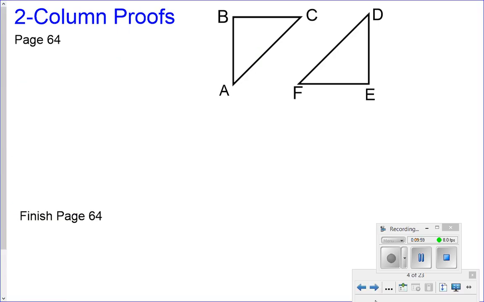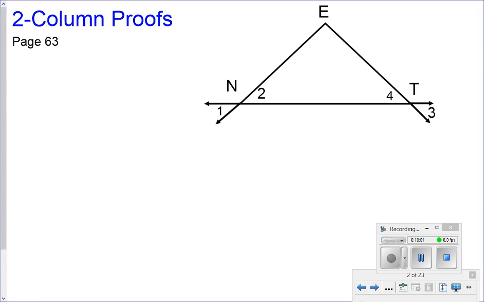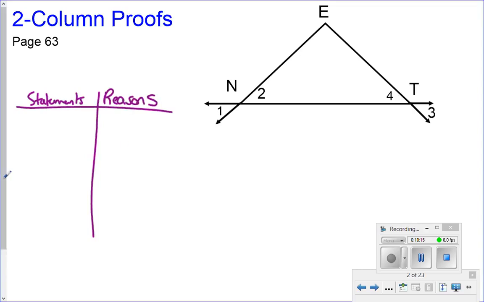Next, I'm going to go back here, we're going to do the first one on page 63, which is this one. So again, you're going to write your statements and reasons. And we're just going to go one at a time here.